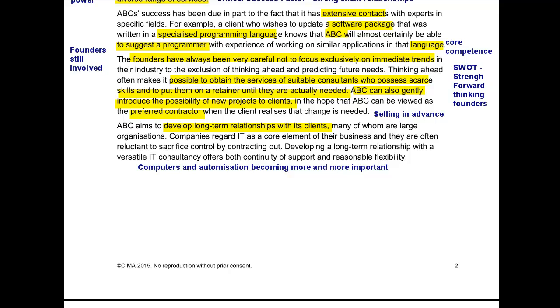It's also worth noting that it mentions here that many companies, particularly companies that rely on computers, are often reluctant to outsource or contract out their IT services.